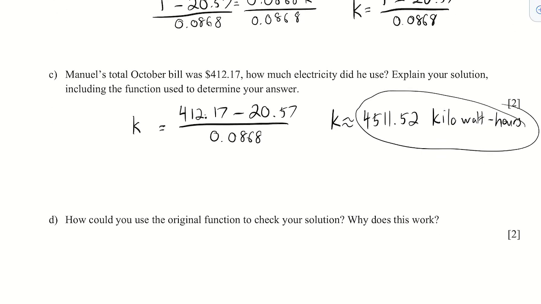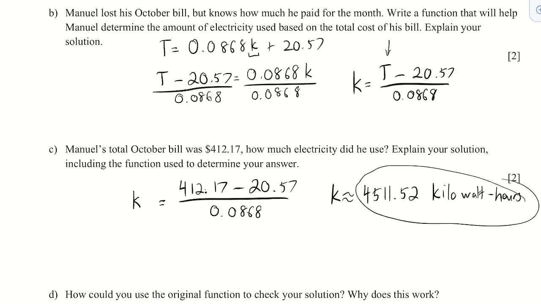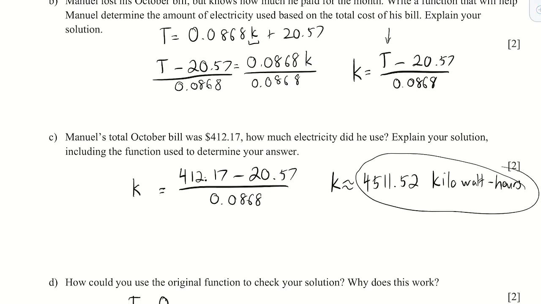Okay, it says, how could you use the original function to check your solution? Well, very simple. What I could do here is take that original equation, t is equal to 0.0868 times, and then put in that kilowatt hours I got, 4,511.52, and then plus 20.57.